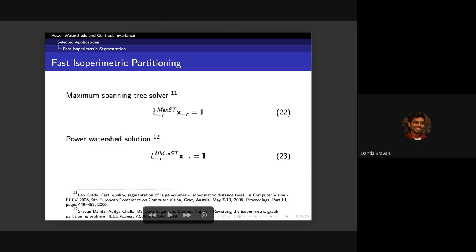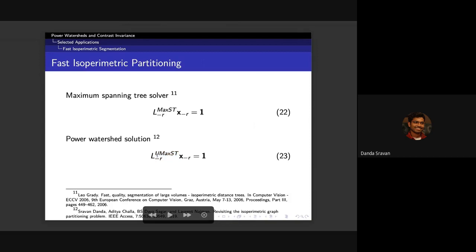This motivated us to look into why this happens. We could theoretically show that the power watershed solution is nothing but solving this system of equations, not on an arbitrary maximum spanning tree, but on the union of maximum spanning trees.